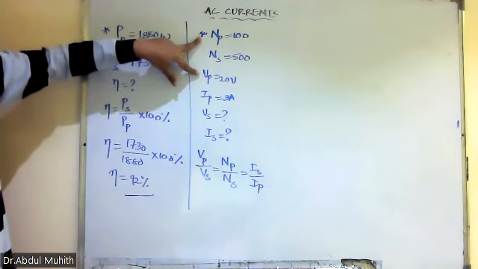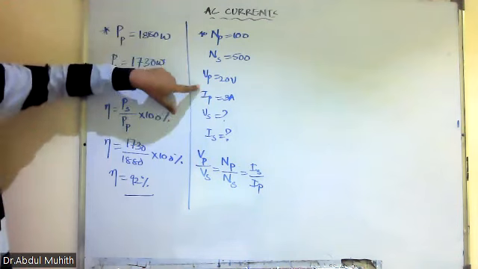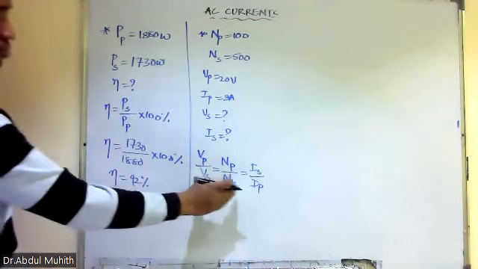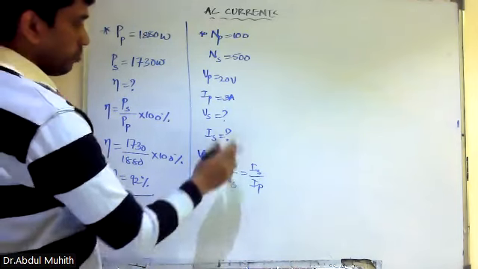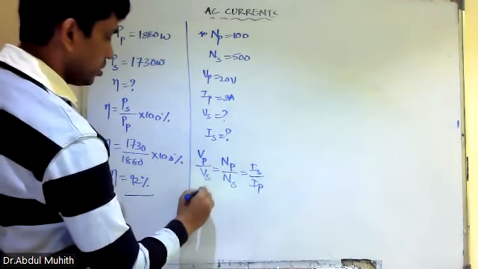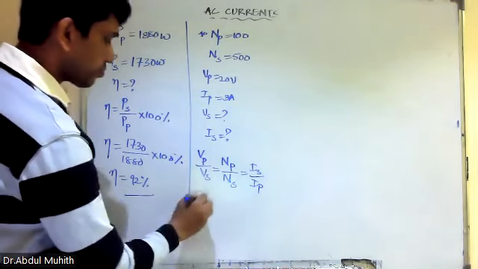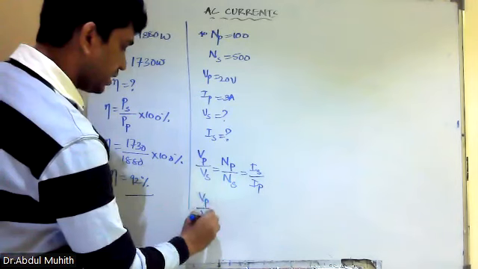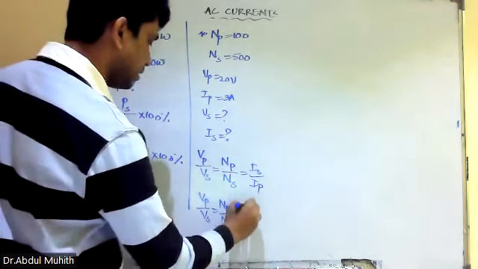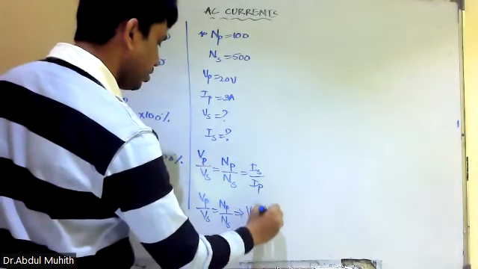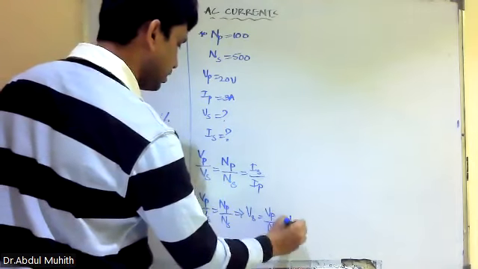Out of these, if I take three known parameters, the fourth parameter is Vs. So I'll take this formula to calculate Vs. Vp by Vs equal to Np by Ns implies Vs is equal to Vp by Np into Ns.